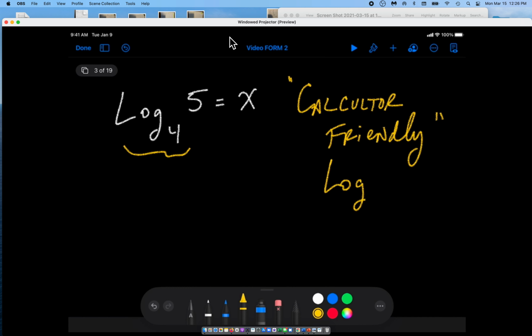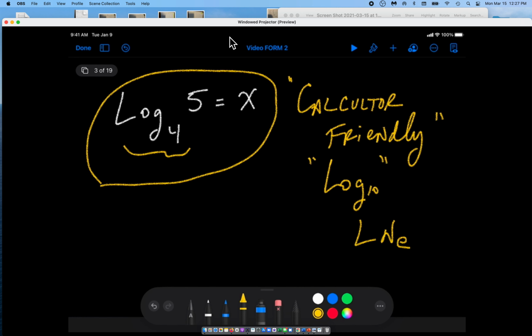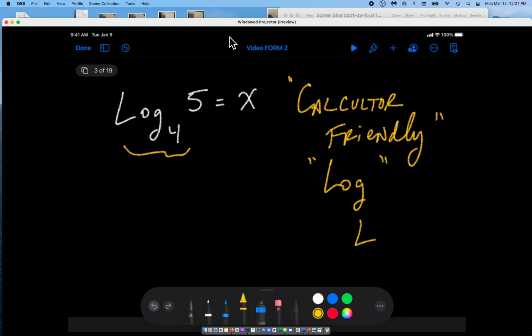The only log buttons you'll have is log and ln. Log is understood to have a base 10, and ln has a base e. So the goal here is to get this equation into one of these two forms, and therefore you're allowed to use your calculator. That's the game plan here.